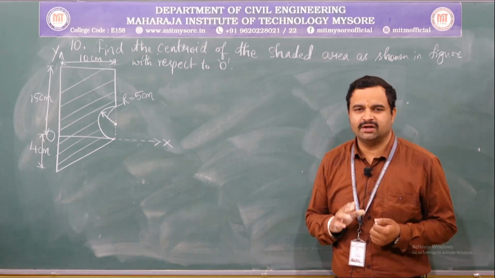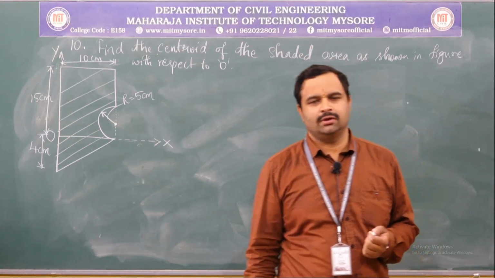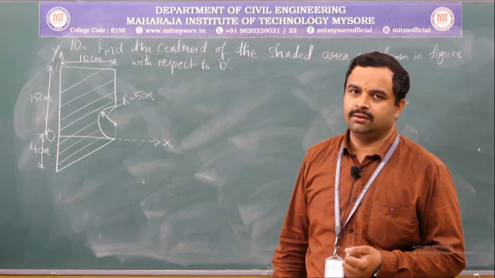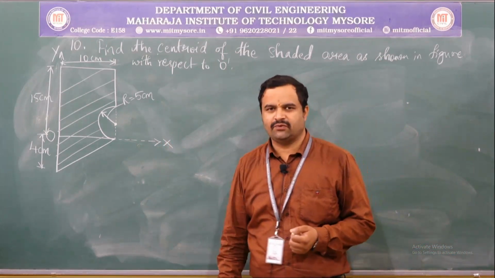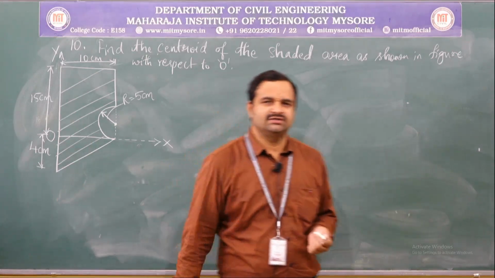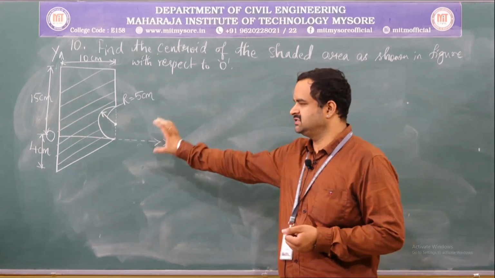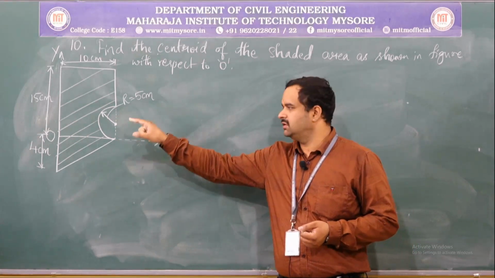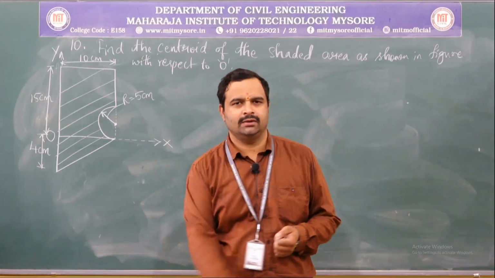Clear? In this particular problem, they have specified the reference axis to be chosen. We do not have that liberty here. If this point O was not given in the question, we could have chosen the origin O according to our convenience, but in this problem they have clearly specified that you have to go with this point as O. So need to locate the centroid with respect to O only.